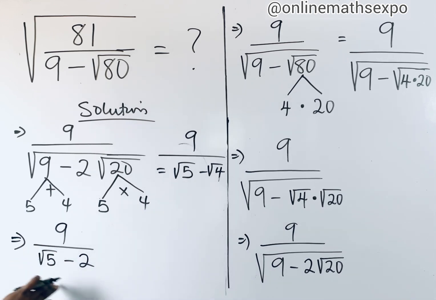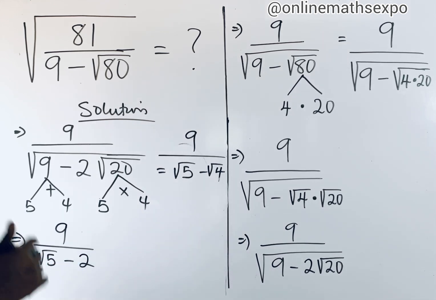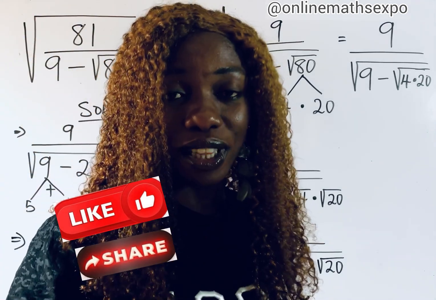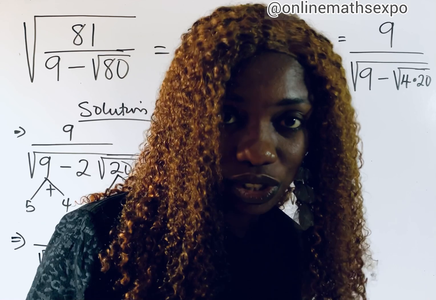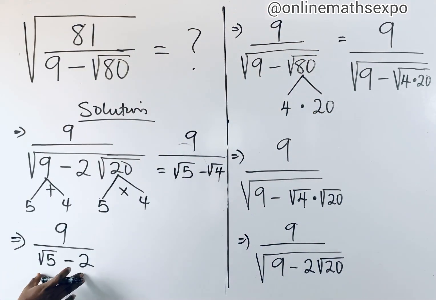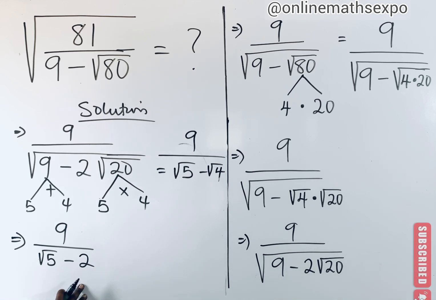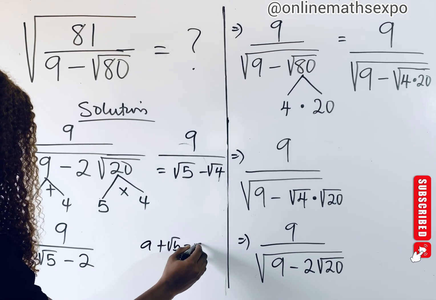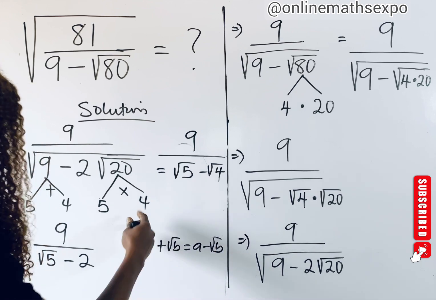And each time you have a root of this type at the denominator, what you should do is to remove it. And to remove the root at the denominator simply means to rationalize. So to rationalize this, because it's an expression, we are going to take the conjugate, okay? The conjugate of a plus root b is a minus root b, and vice versa.